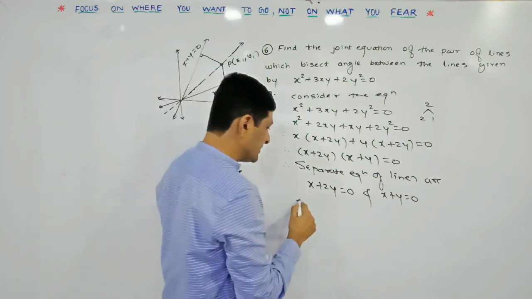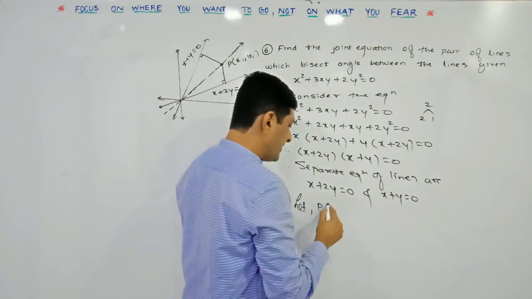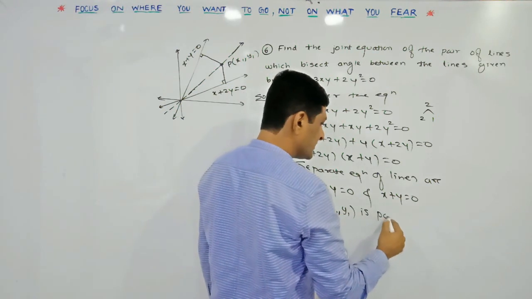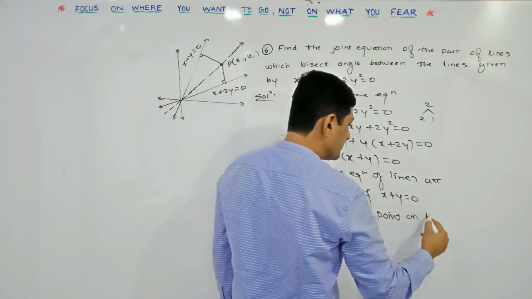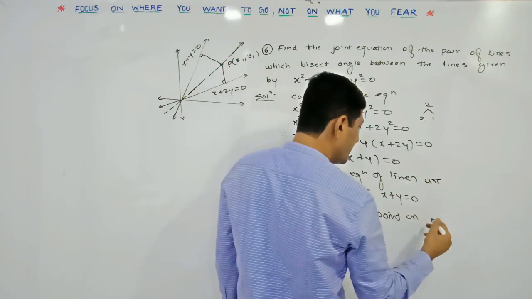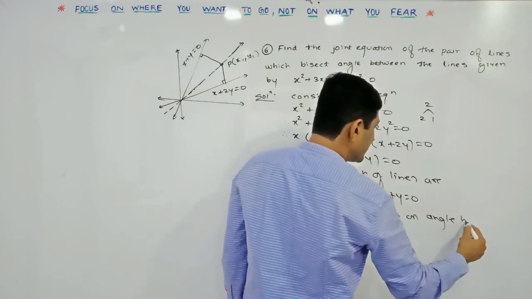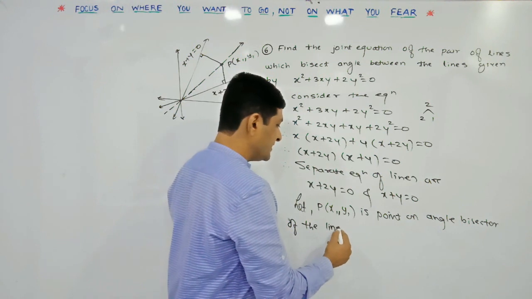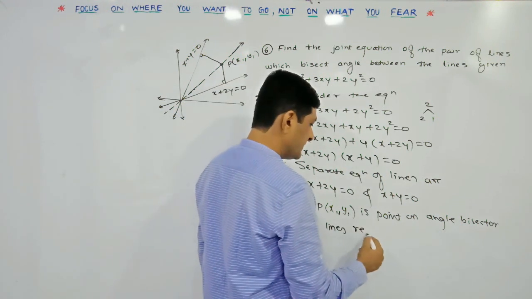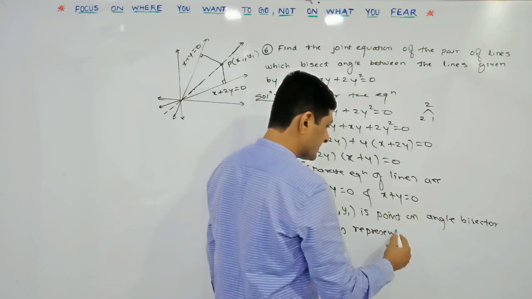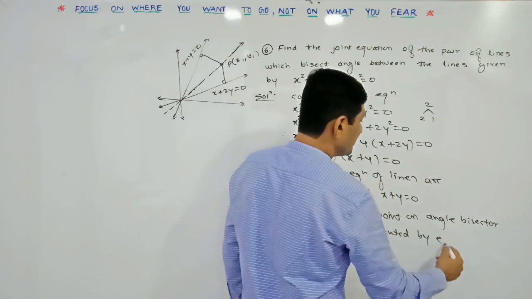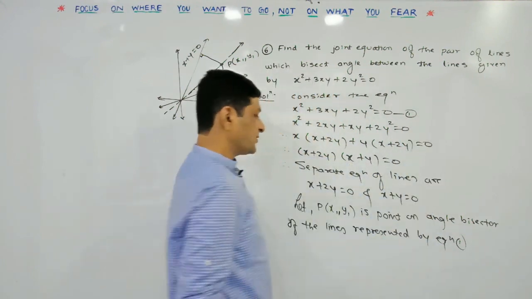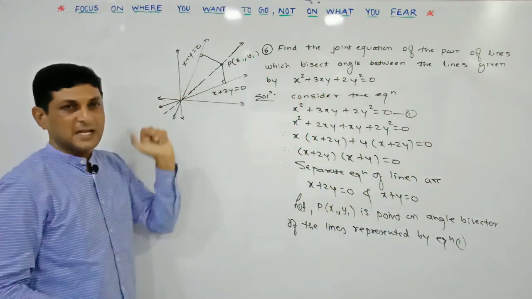Here we suppose that P having coordinates x1, y1 is a point on the angle bisector of the lines represented by equation first. Let us denote this equation by equation number first.